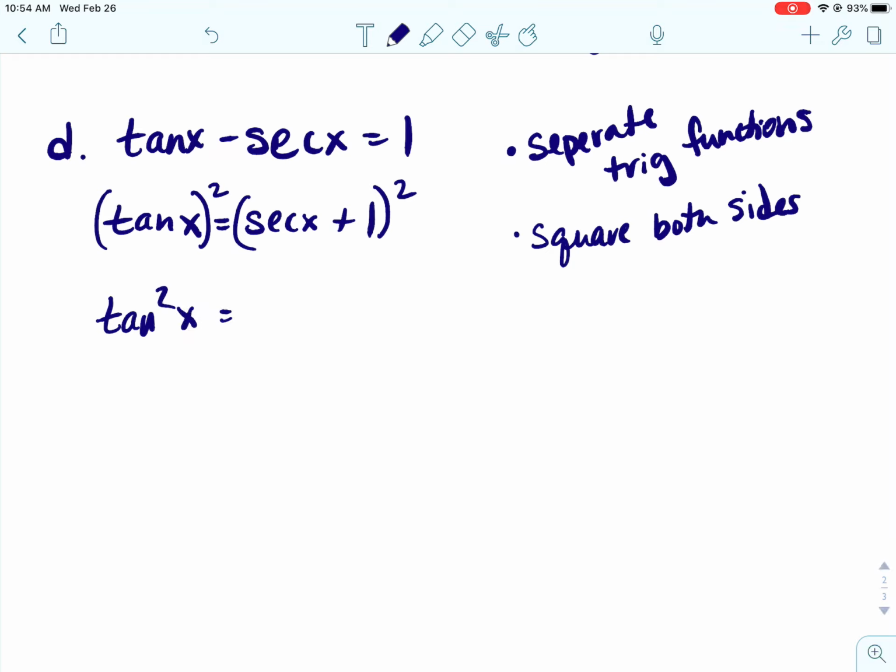Now when I square a binomial, I can use that shortcut for squaring binomials, or I can multiply it by itself. I'm going to use the shortcut where I square the first one, multiply them together and multiply by 2, and square the second one.